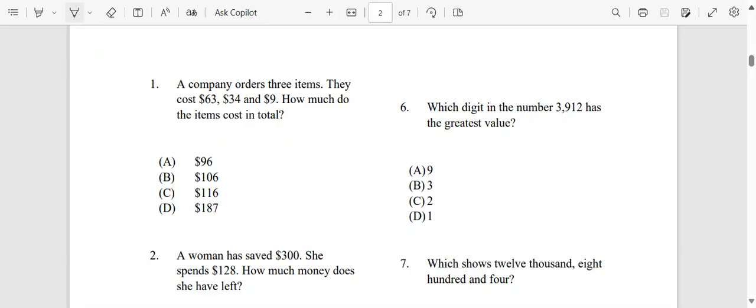Now, the paper itself was structured so that students who are at the developing stage as well as the beginning stage can get that opportunity of scoring some marks, right? So, one of the things that I did was to ensure that the numbers that you're going to be working with are not too large, hence the small numbers that you see here.